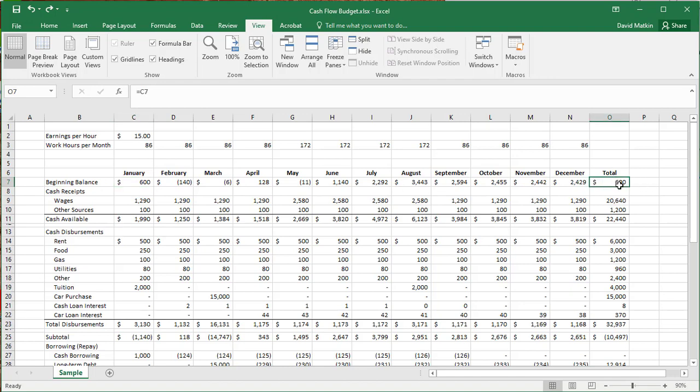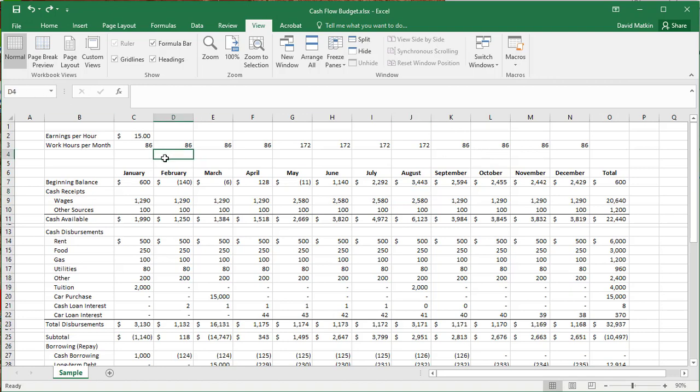That's how much we started the whole year off. So when you think of this total column, you can think of the whole year's cash flow budget, and each of the other columns is an individual cash flow budget for each month.